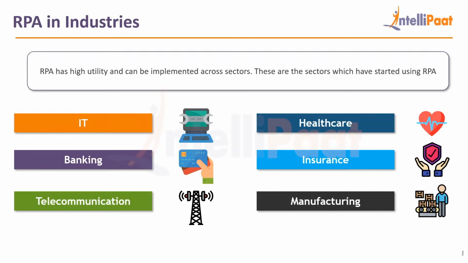That is the reason why RPA is being adopted by so many different industries, because it does not eliminate your entire infrastructure, right? Just think of it this way: let's say you are a company running some kind of task using Excel, and you were working with your invoices which are coming in PDF format or something.